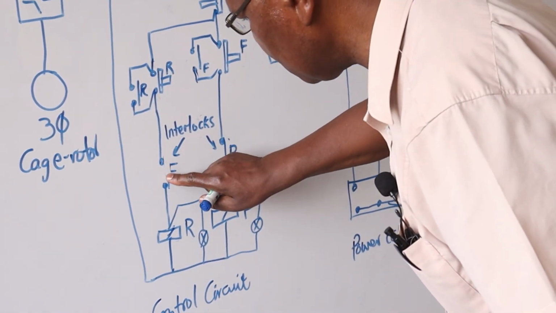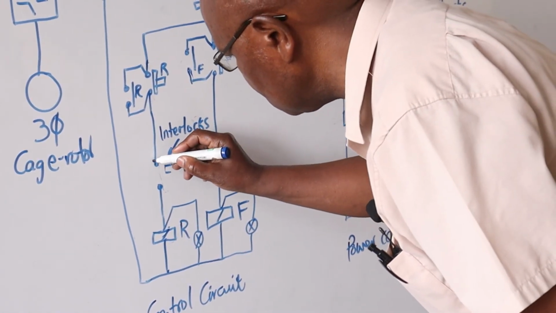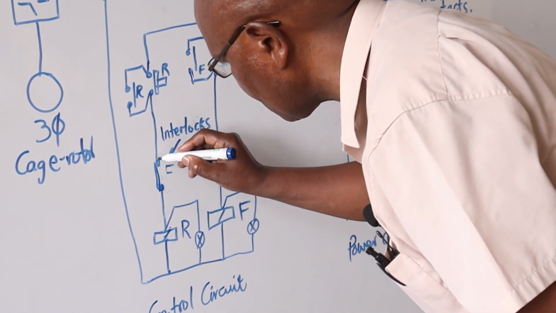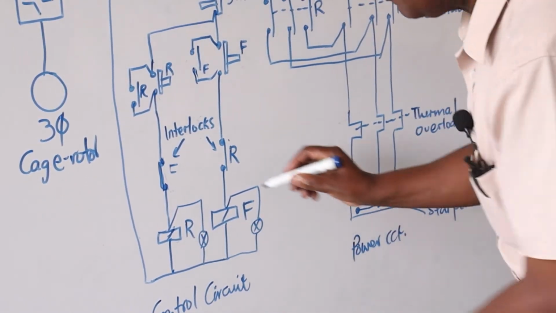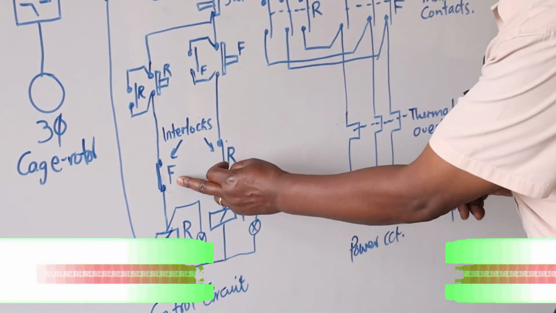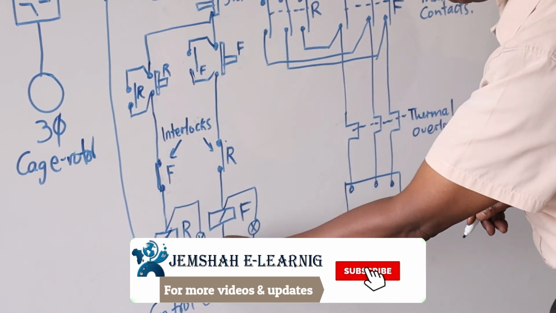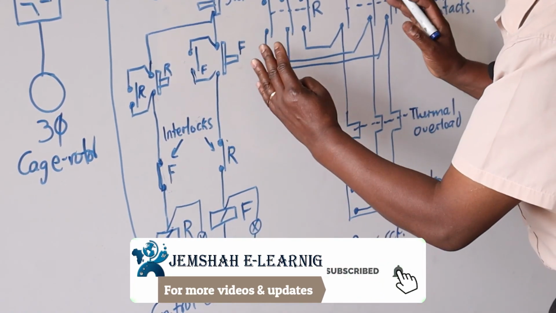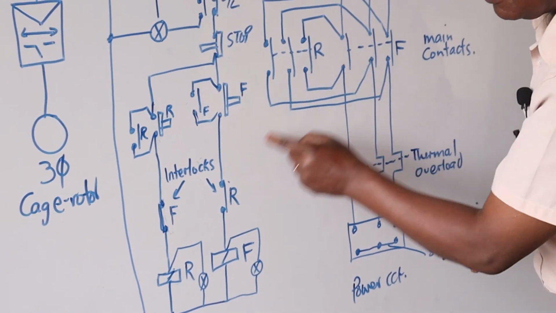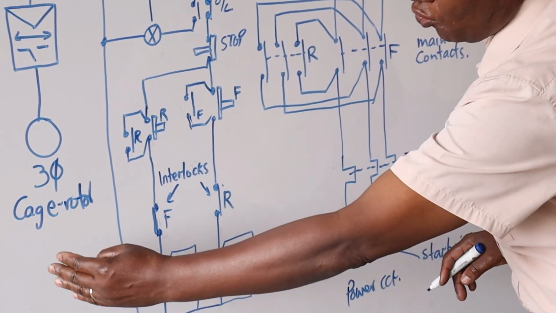So maybe this one here, we can draw it onto that side there. Now this forward contact is in the reverse control circuit. So when my contactor is energized, these three will close here, but this one here will open.